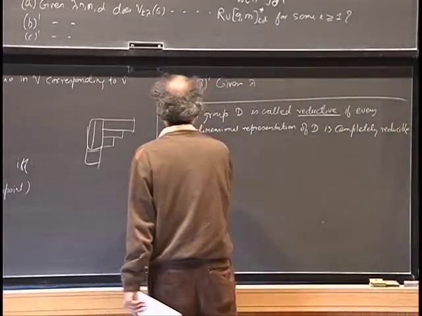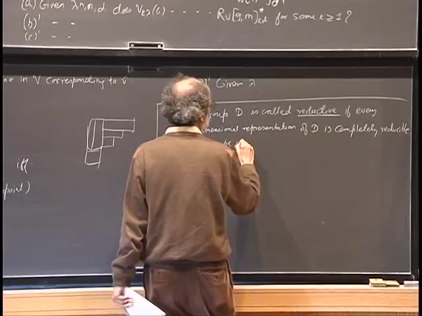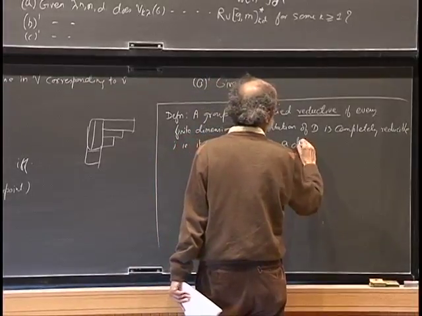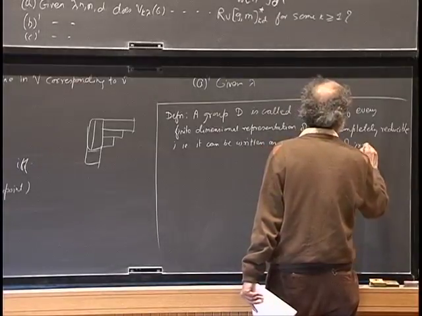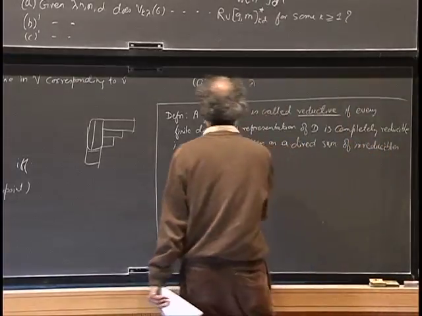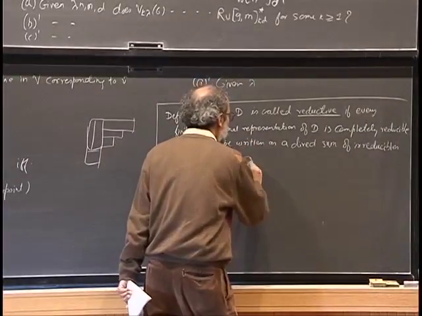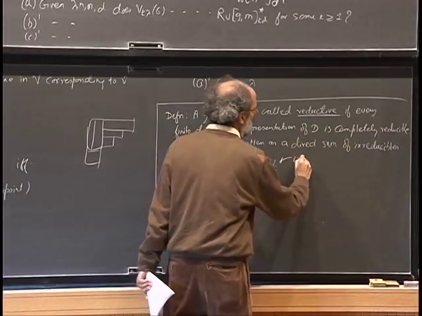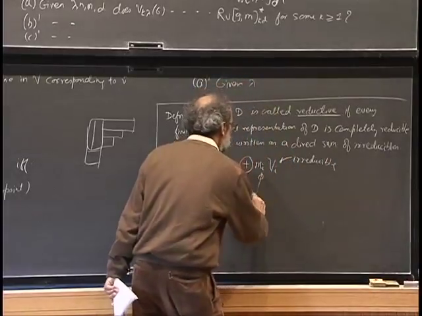What that means is that it can be written as a direct sum of irreducibles. So if you are given some representation V of D, it can be written as a direct sum like that, where these are all irreducible and these are all the multiplicities of those V_i's.